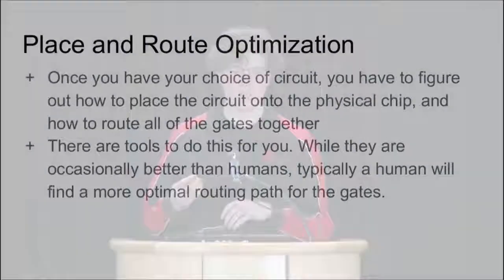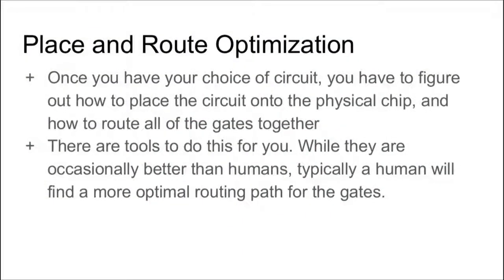Once you have your circuit, the next thing down would be place and route optimization. In the digital world, sometimes this means that instead of letting your chip compile for 3 days, you let it compile for 2 weeks. It just takes more time and tries to optimize better. If you're going to go into the analog world, that's where you start to do hand routing. You'll have designers who will just place the wires by hand and try to figure out the best way.